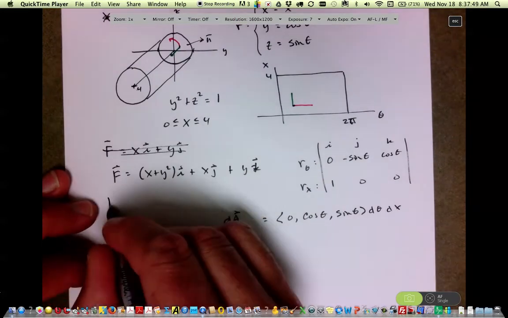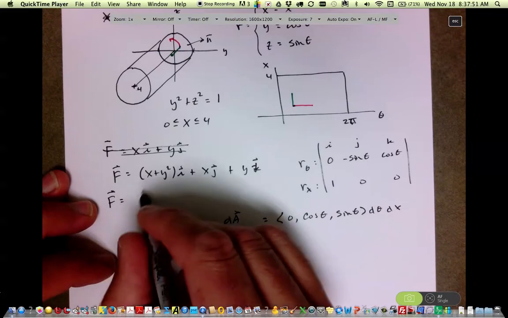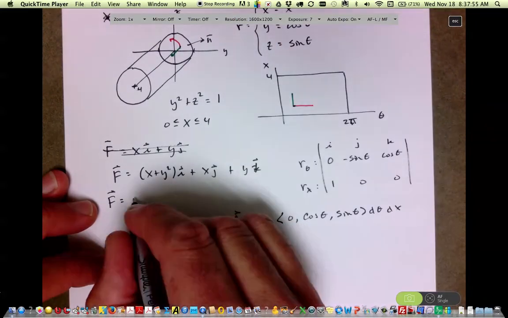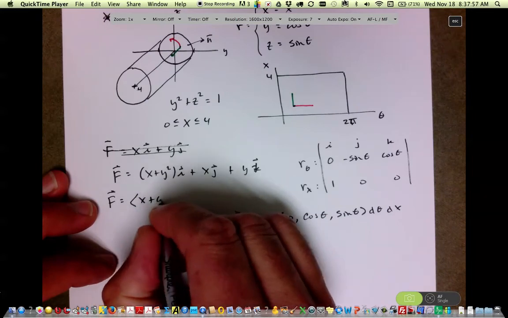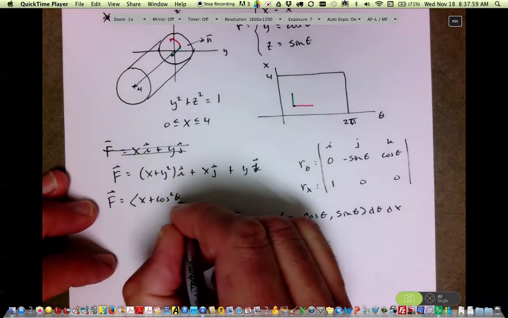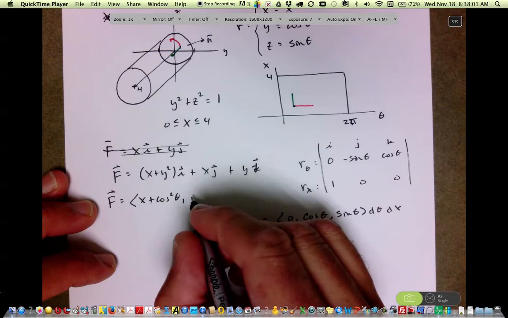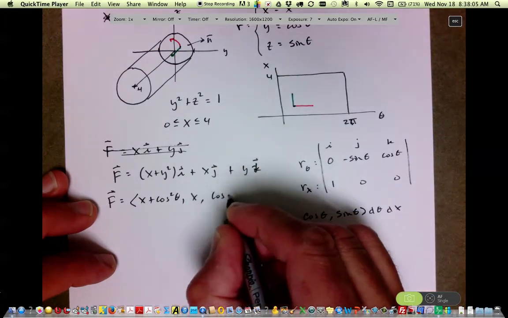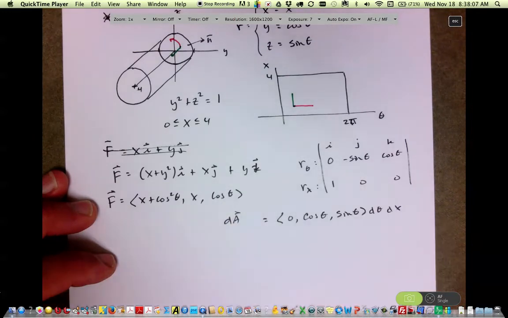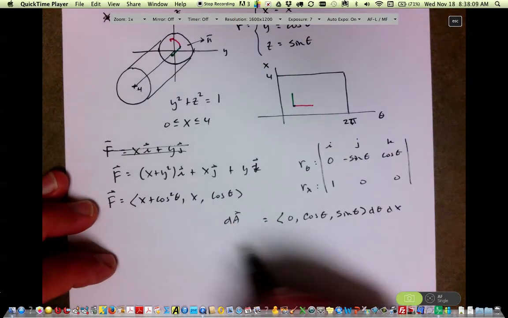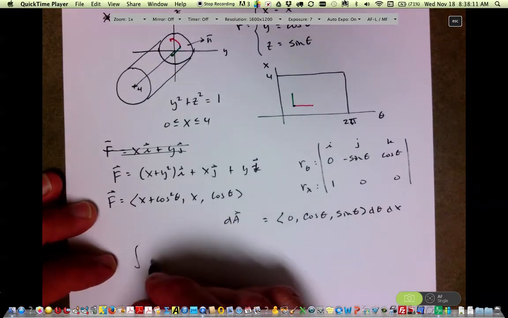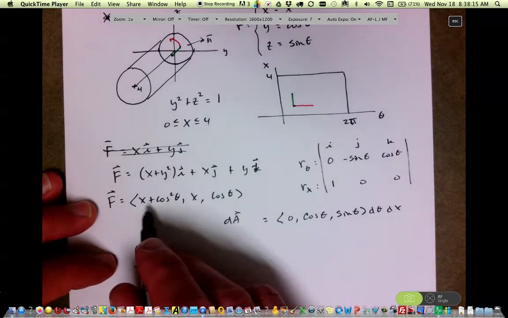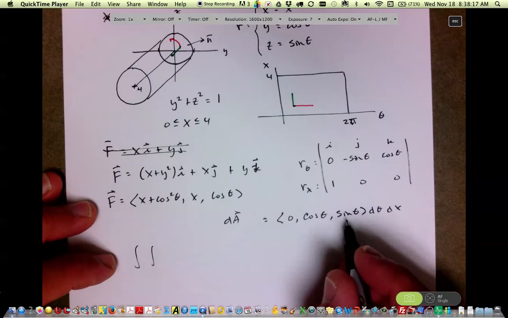Okay, the vector field, on the other hand, is going to be x plus y squared, which will be x plus cosine squared theta. X is x, and y is cosine theta. Alright, then we're going to take the dot product of these two, and you're going to have a double integral. 0 is going to get multiplied by x plus cosine squared, so that's going to drop out.